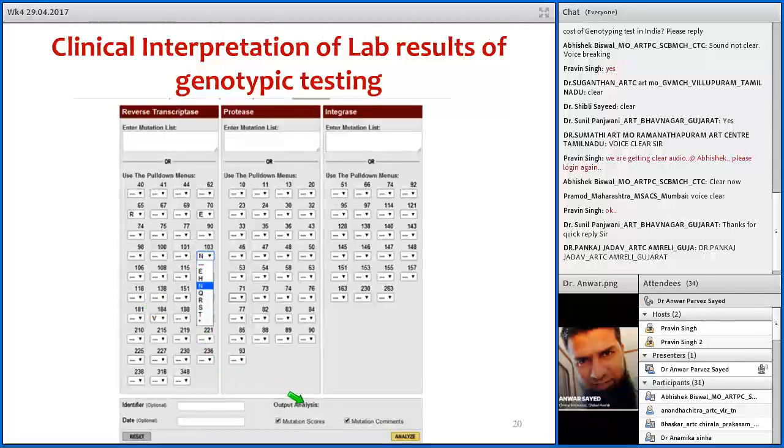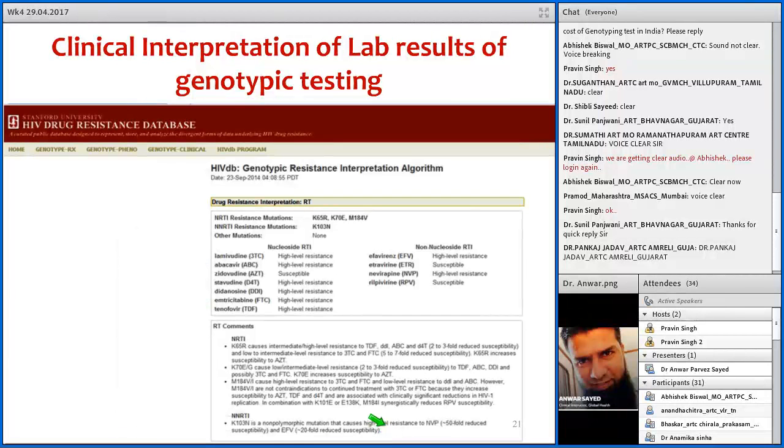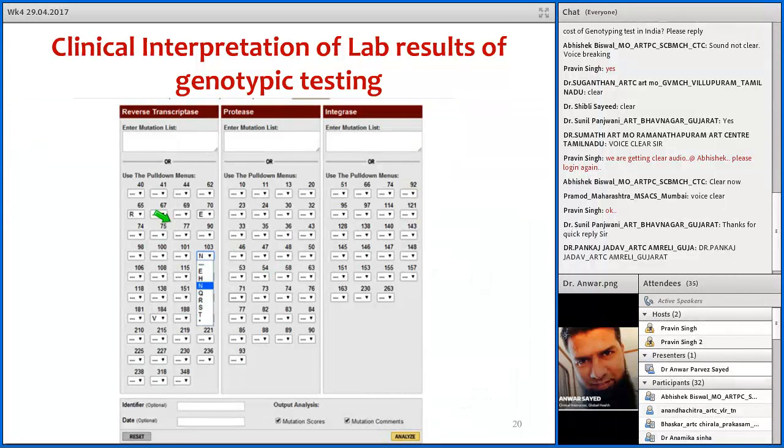Now you want to know what it means in your clinical practice, what all these numbers mean. You click on analyze, it will give you a report like this. If you read the upper part, it will give NRTI resistance mutations K65R. Did we click on the 65th position also? Yes, this I again missed.